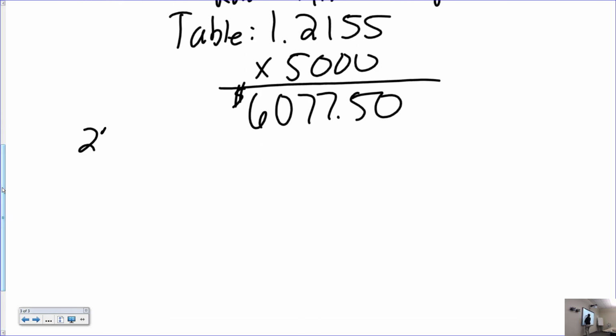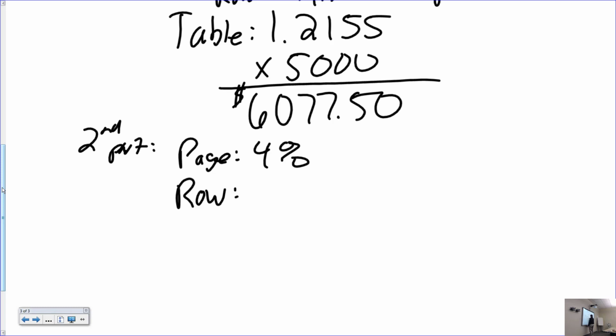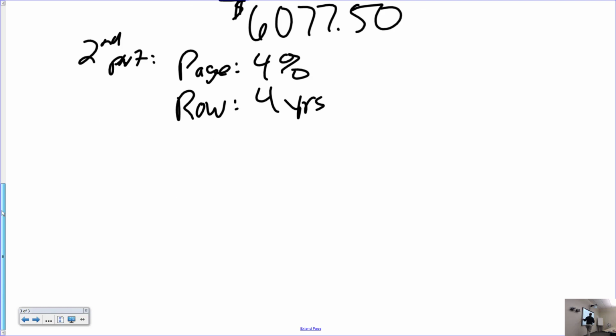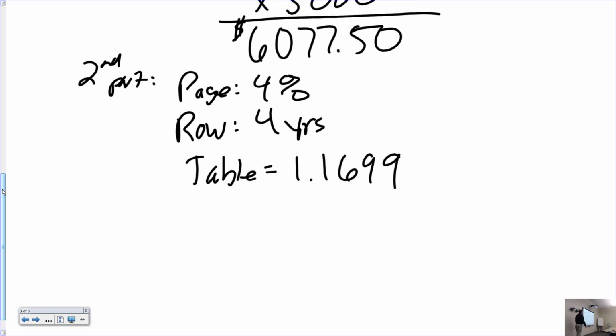So the second part, technically what page are we going to be on? 4%. Now we're on the 4% page. Row 4, still row 4 because we're doing another 4 years. That was 1.1699. Yeah, because we did that one already. And now use the number that we just calculated to move forward.